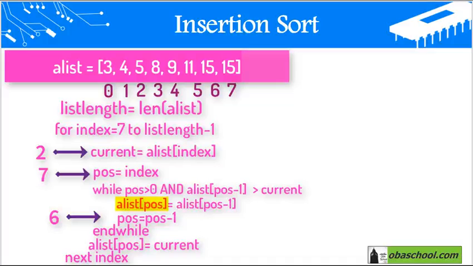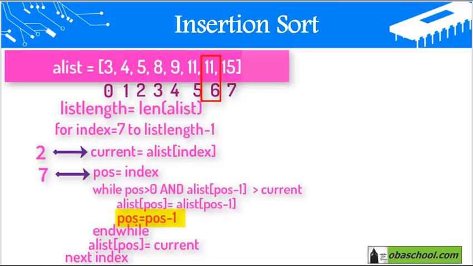So we're putting in a list pose, which is 6, the value found on index 5, we get it from a list pose minus 1, it's 6 minus 1, it's 5. The value is 11. So in index 6, we have number 11 now.